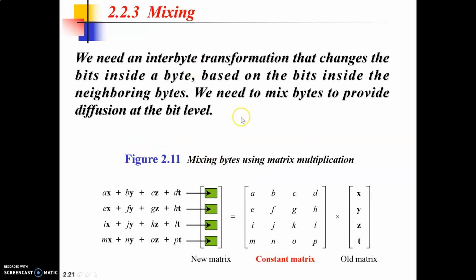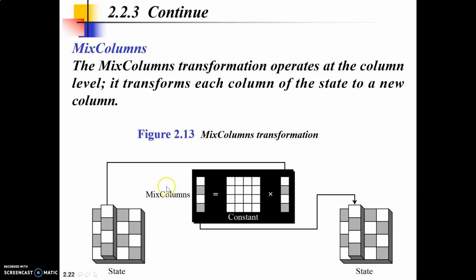Then we have the MixColumns operation. It is best explained with this example. Now after shifting, this is the state table that you have. What you will do is take every corresponding column of this state and multiply it with a constant matrix. The result that you get is going to be the output of your MixColumns state.